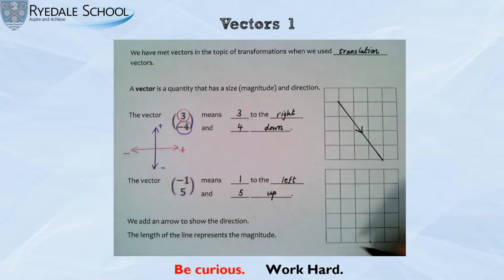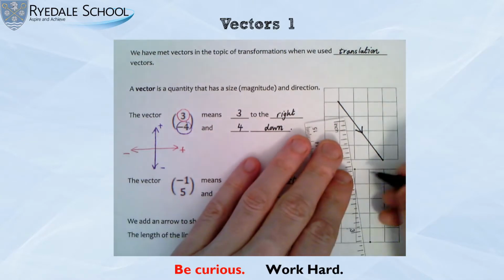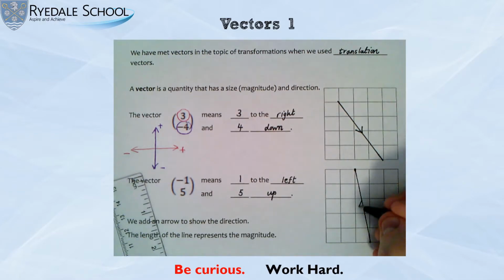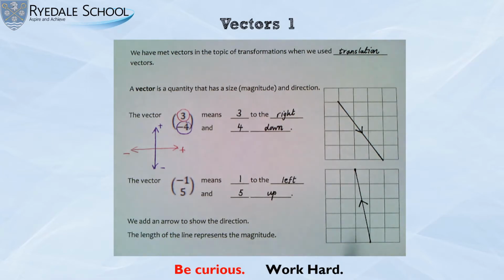I'm going 1 to the left, 5 up. And again, I'm going to join that with my ruler. So the arrow shows the direction, and the length of the line is representing the magnitude, so how big it is.